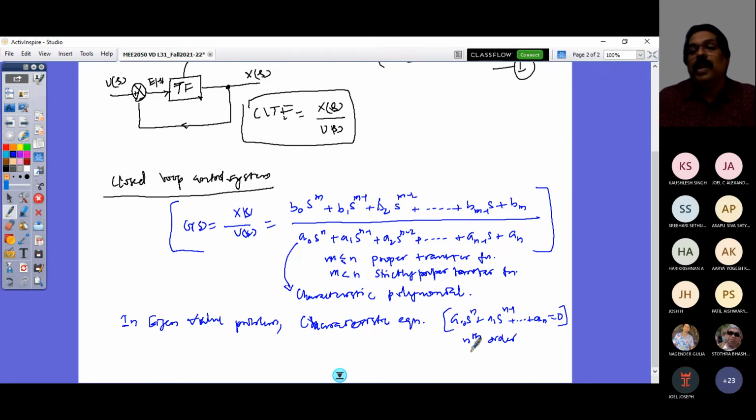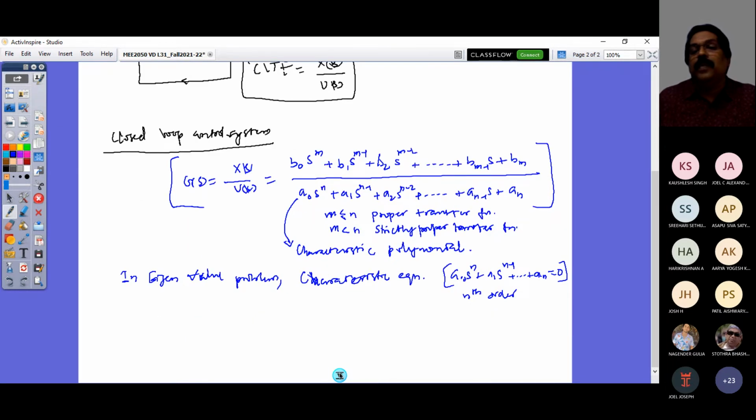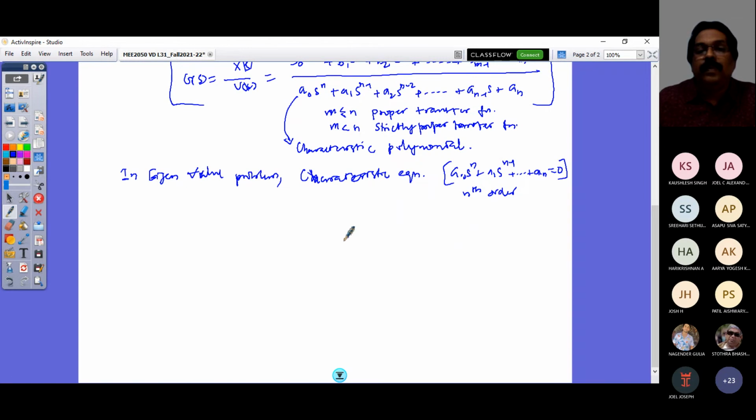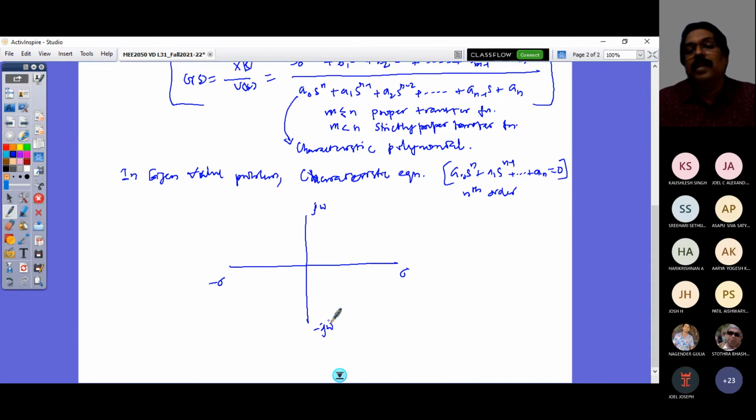The roots of this polynomial are going to be n roots, and the placement of these n roots in your Laplace domain is what tells about your vehicle stability, right? Look at this: this is my complex plane, and this is my real axis, with positive real part and negative real part, and this is the j omega axis, with positive imaginary axis and negative imaginary axis.